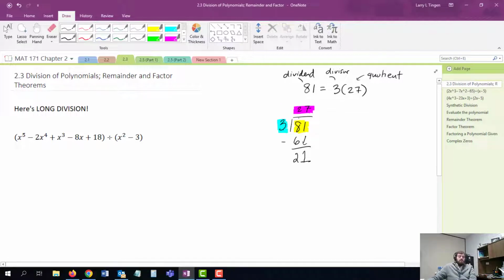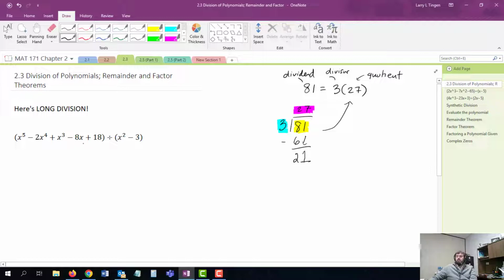If 3 goes into 81 27 times, then 3 times 27 equals 81. That's just a quick overview of long division, and then how can we use it to help us, right?